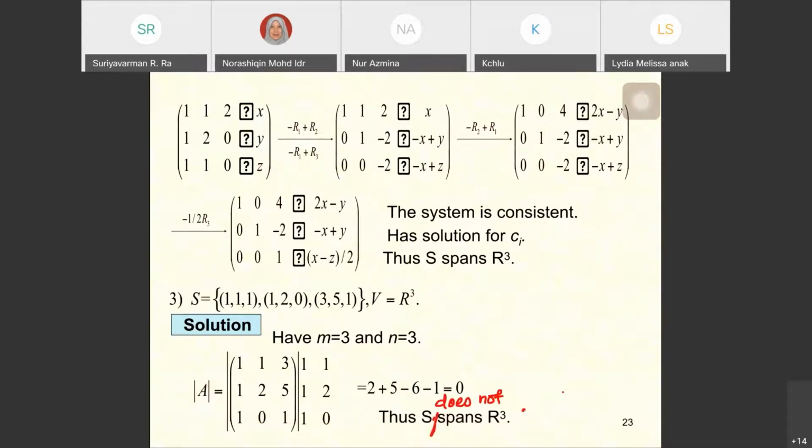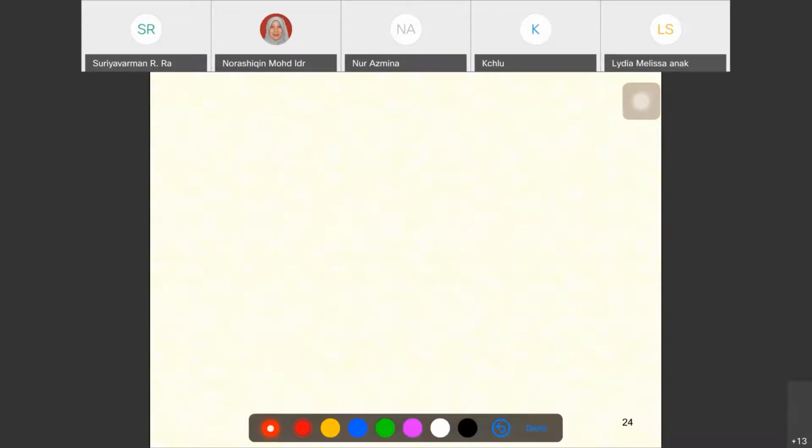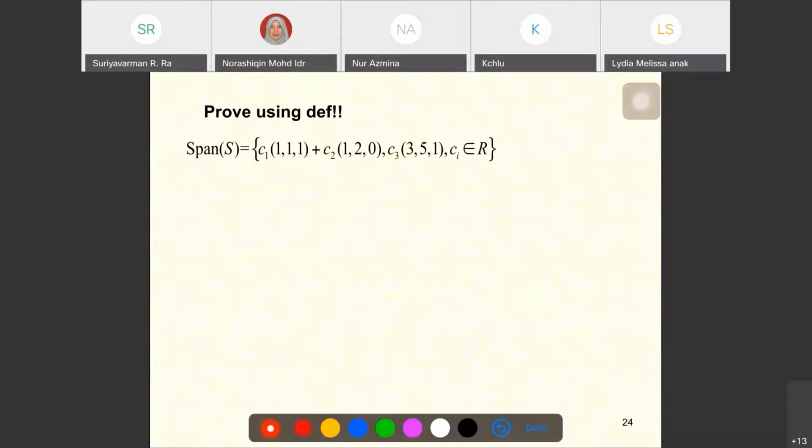Okay. So now, if S does not span R3, what is the spanning set of S? In other words, what vector is in the span of S? So we need to find it. Alright.